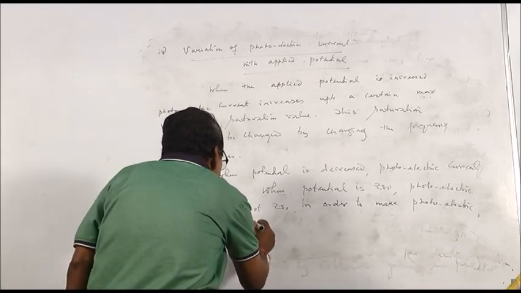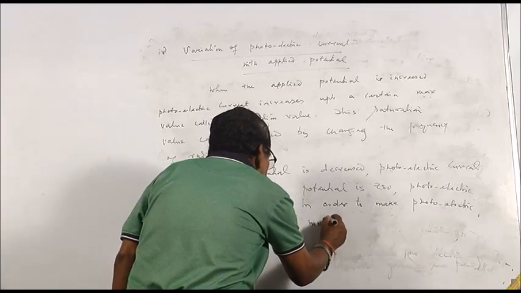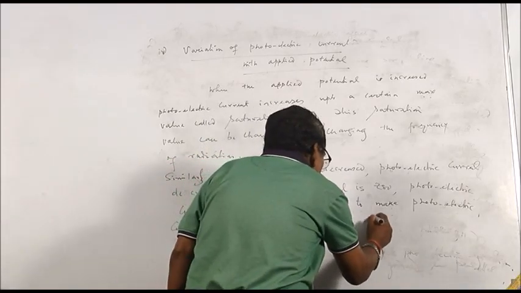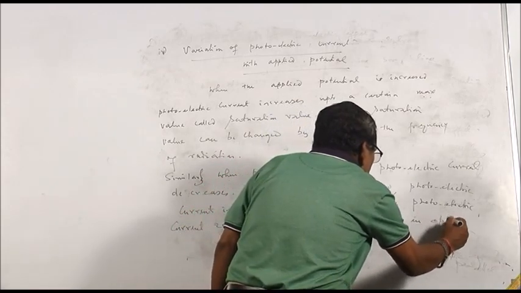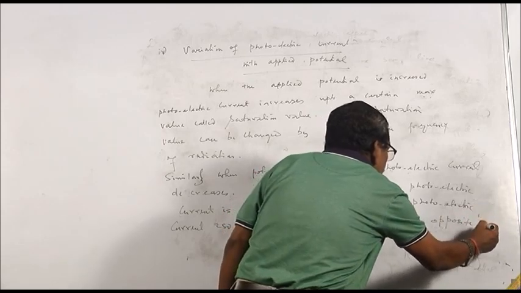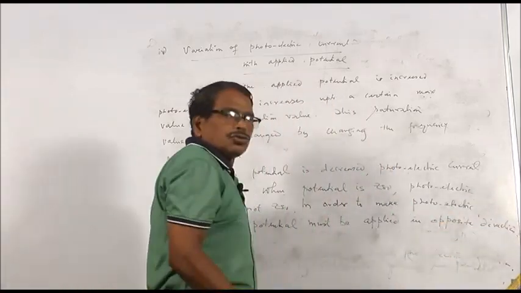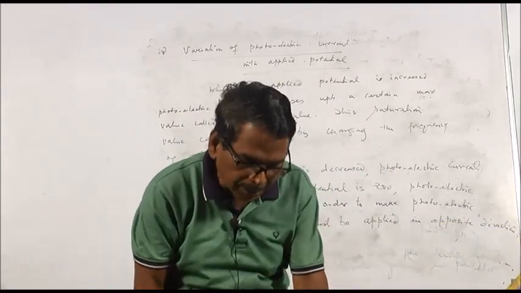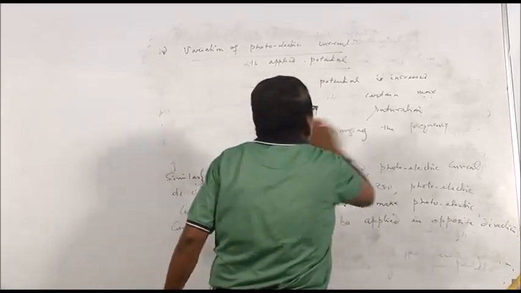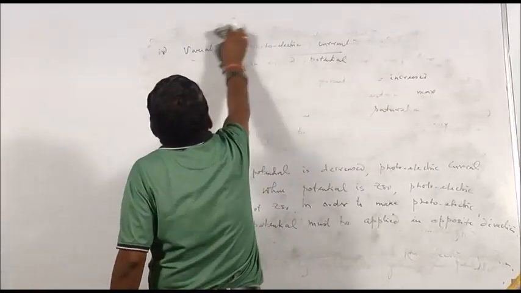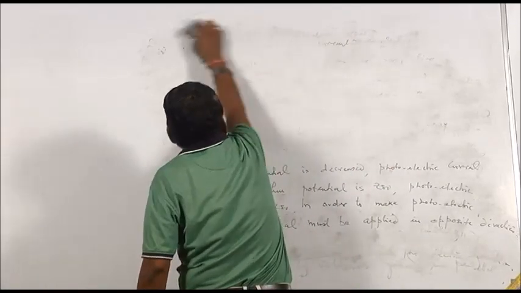When you apply the negative potential, the electrons are repelled and stopped. When electrons are stopped, there is no current in the circuit, photoelectric current becomes 0.